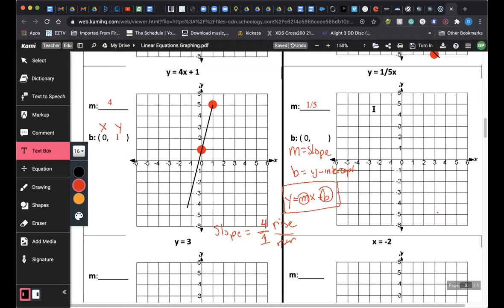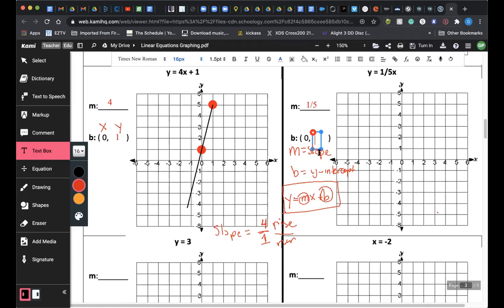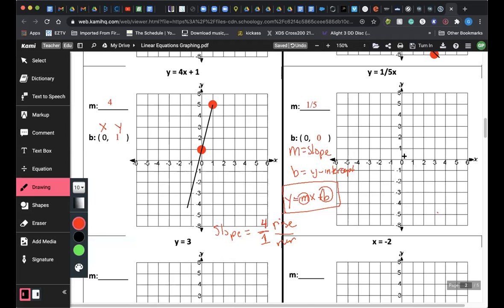But where am I going to start on my graph? What is my B? What do I see after my x? Nothing. So my B is 0. Okay. So I'm going to start in the middle. My first point is going to be in the middle here at 0, 0.